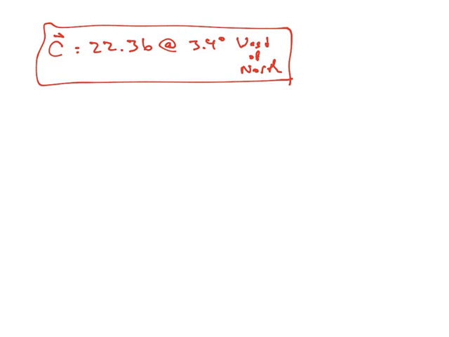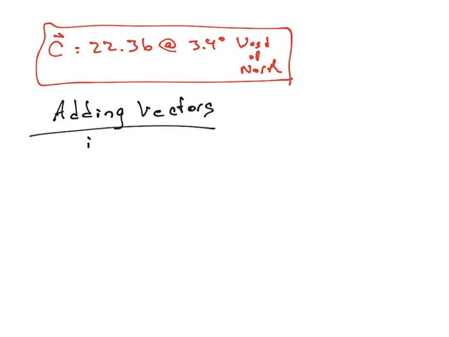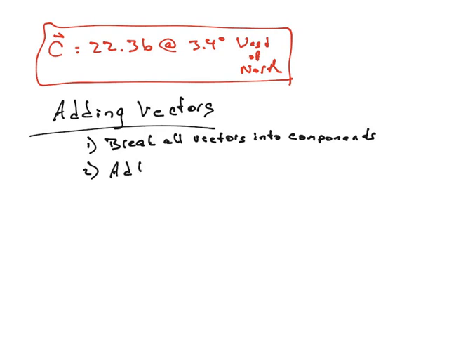So, let me just spell it out a little bit. Adding vectors. Number one, break all vectors into components. Add X components to get the final X component.